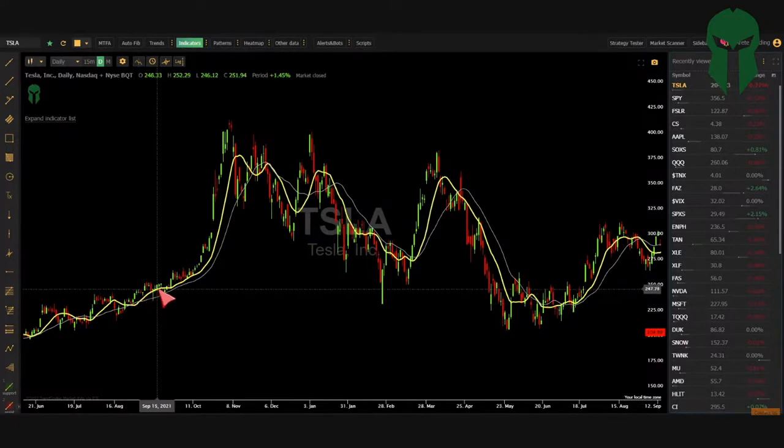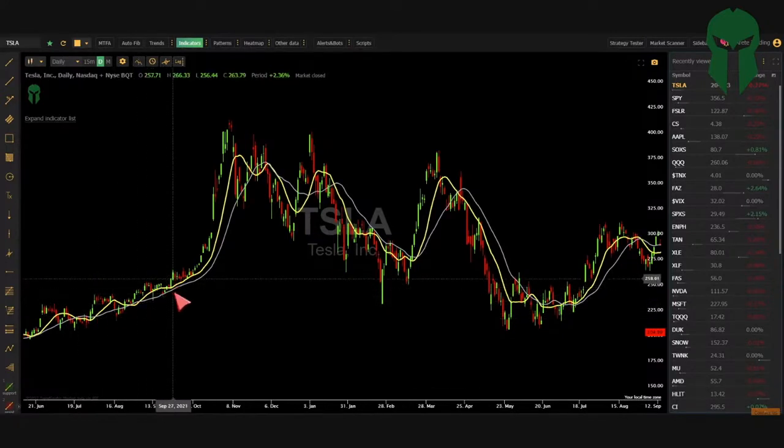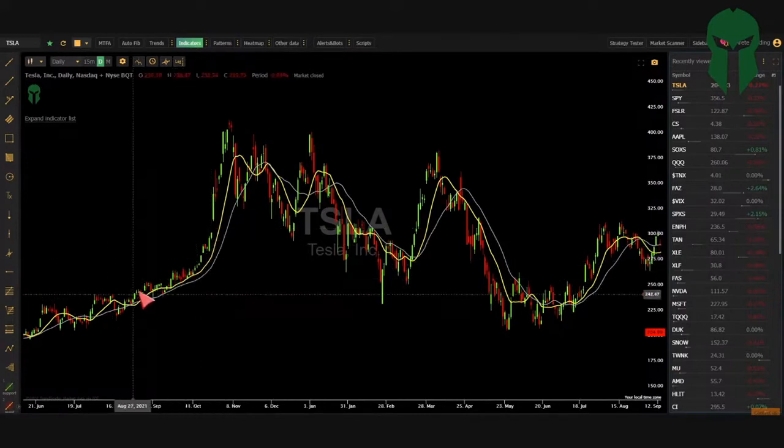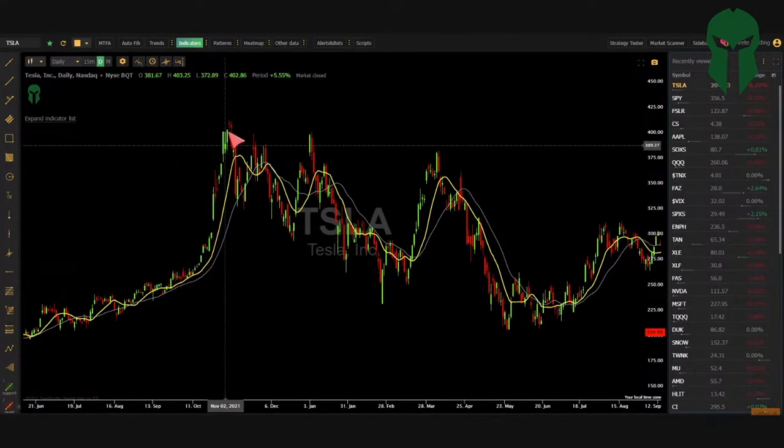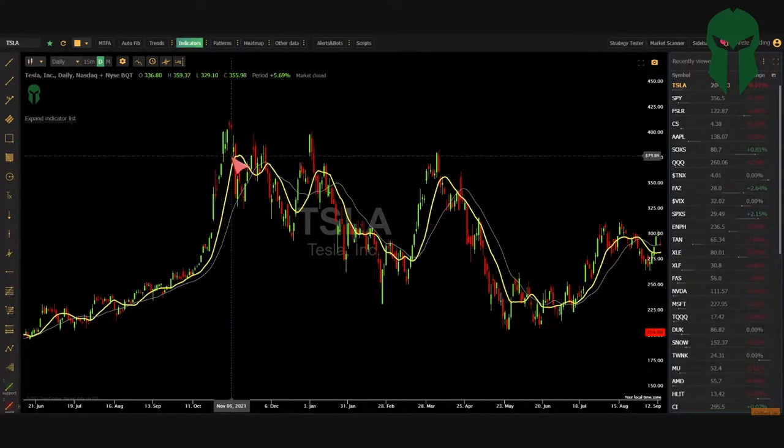Here you are, right? Let's say you buy it because it broke a 21, I don't know, around here or something, pops over it. Look at this move. Now, are you getting in here on that move? No, right? You're getting in here. So you're going to have to deal with some of these moves, right?